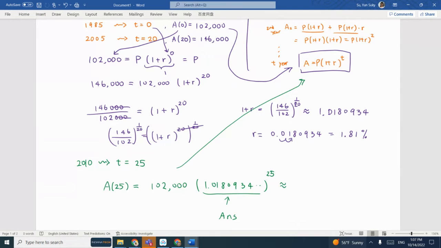Anyone get the answer? It should be one something, right? One.